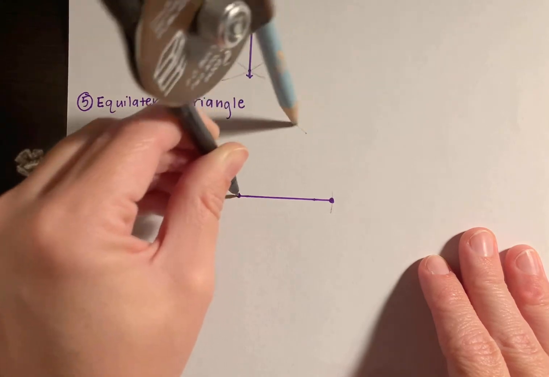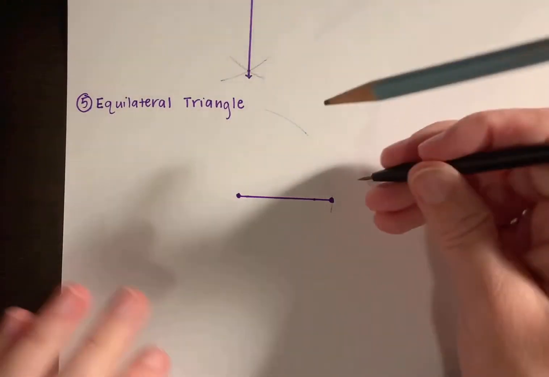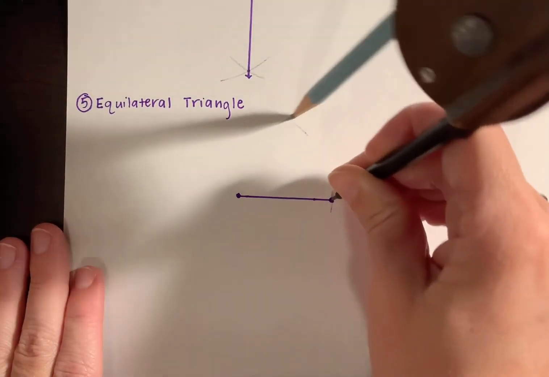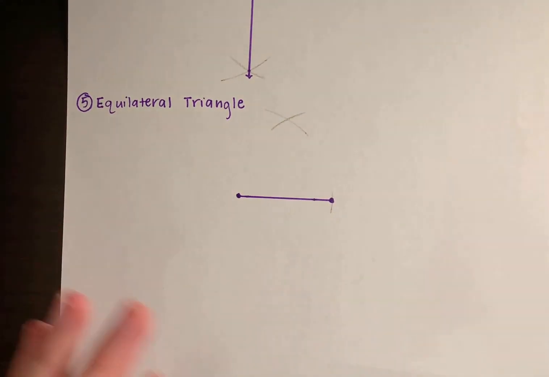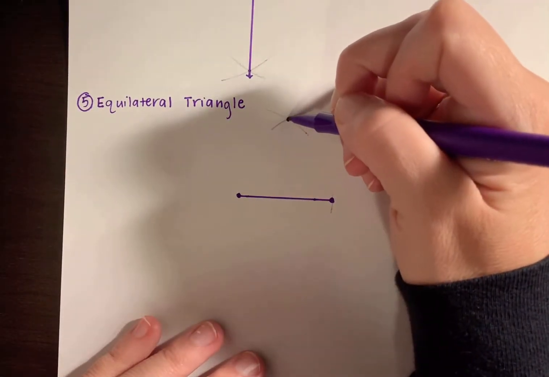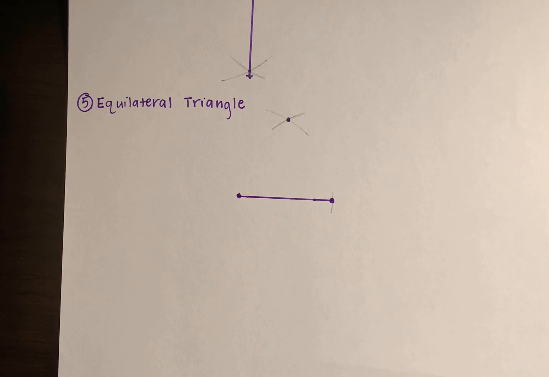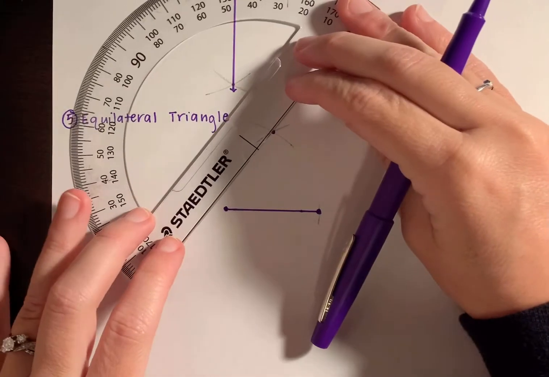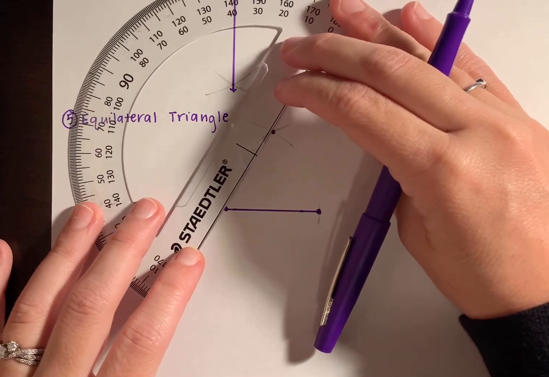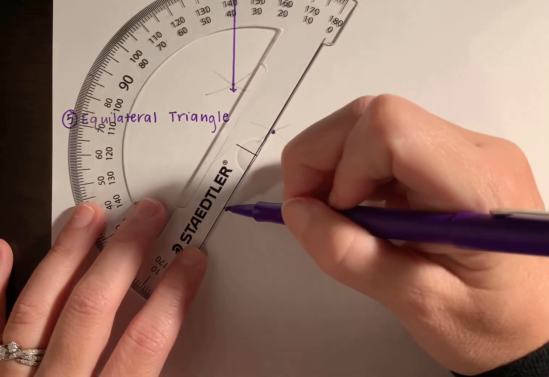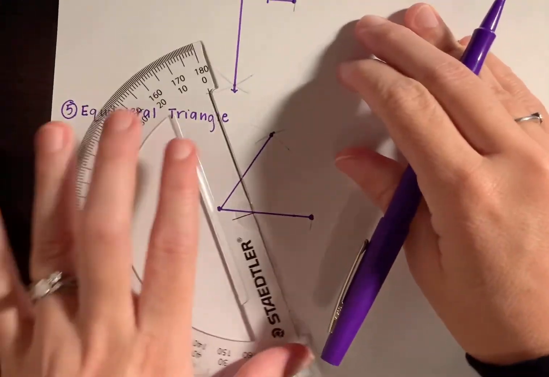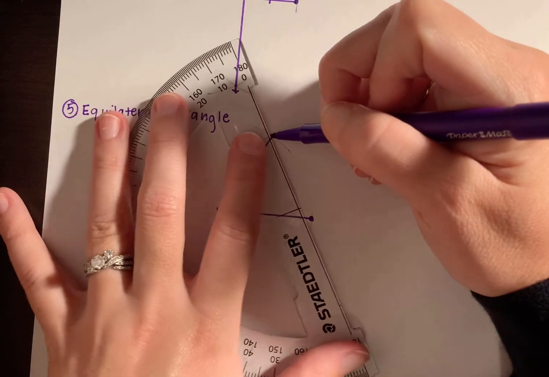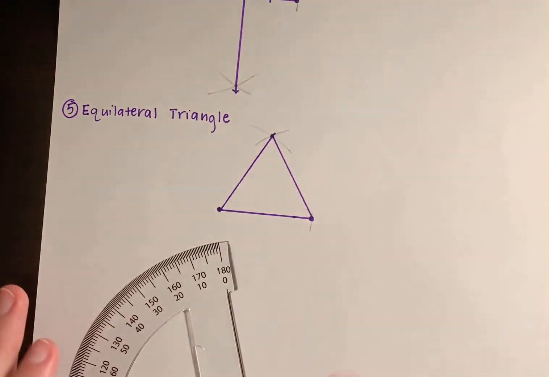And then I'll make a mark above from this vertex, make a mark above from this vertex, and I'll know that that's the 3rd vertex of my triangle. Of course, I need to complete the triangle with my straight edge. So I'll connect the 2 vertices. There we go.